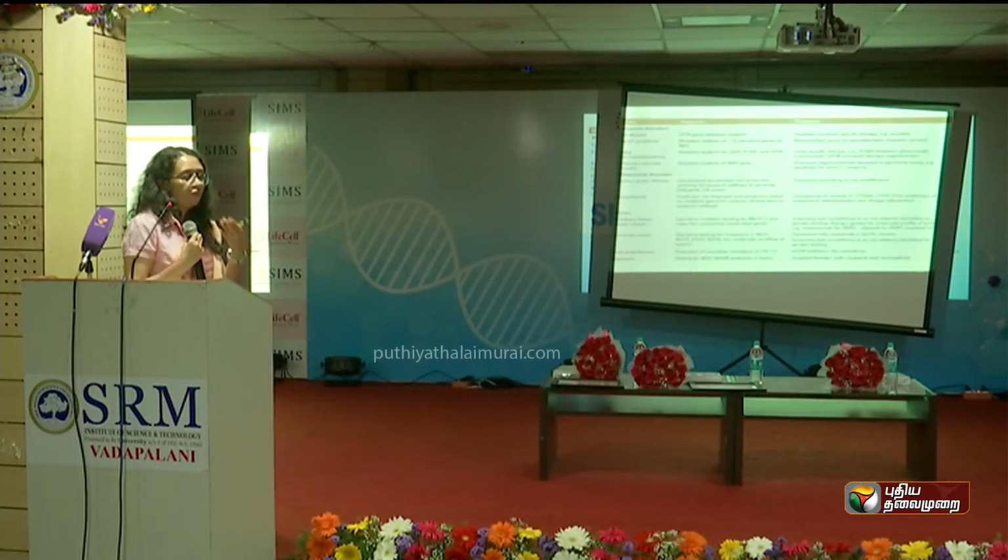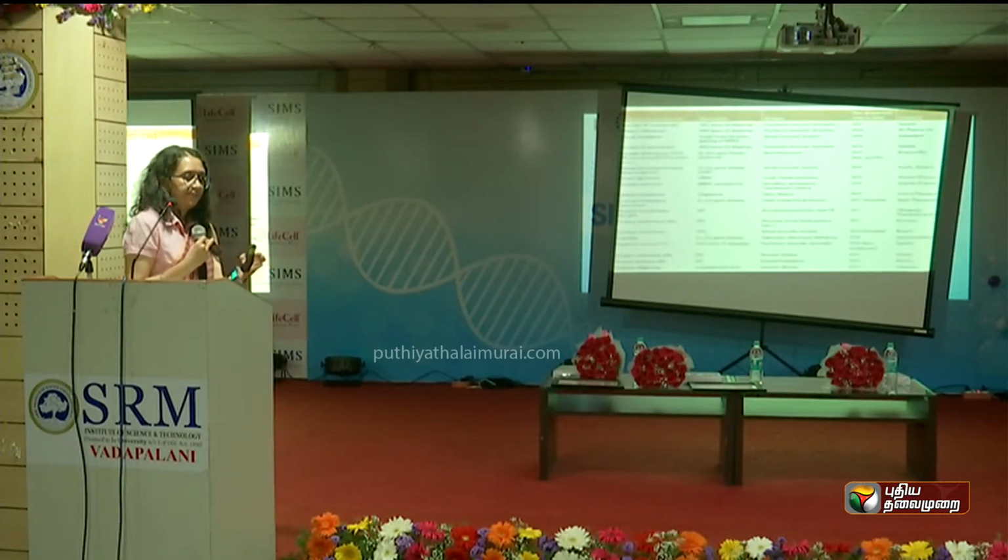In fact for SMA, I'm sure all of you must have read in the newspaper, it's the most expensive drug. It costs 16 crores, and many of the patients have got this through crowdfunding. So these kind of drugs are now available, and there are so many trials going on for gene therapy for many more genetic diseases, and soon we anticipate that for many conditions this would become mainstream.